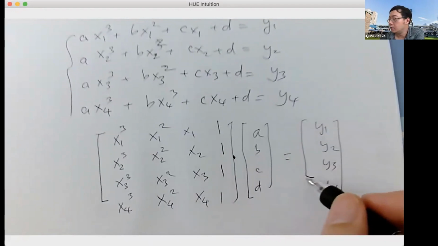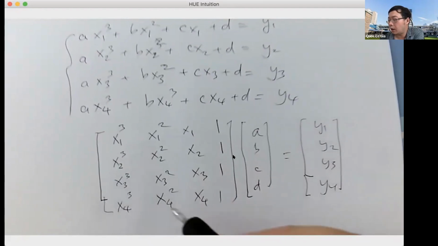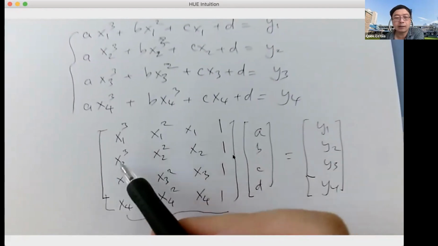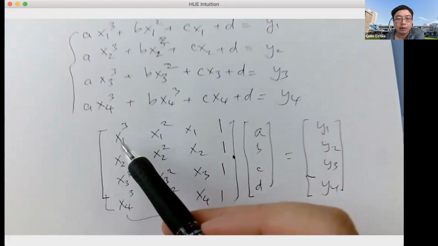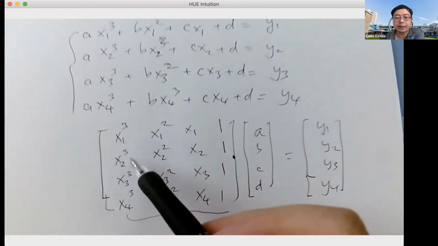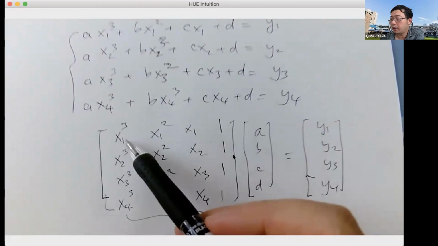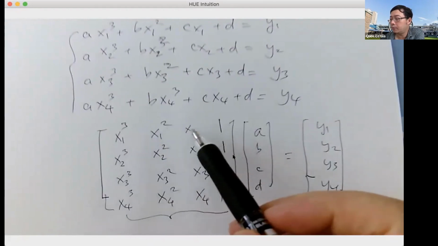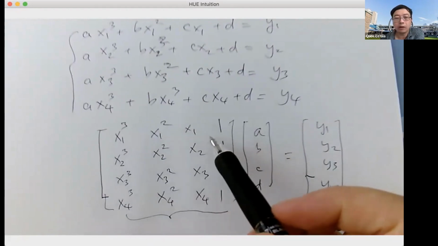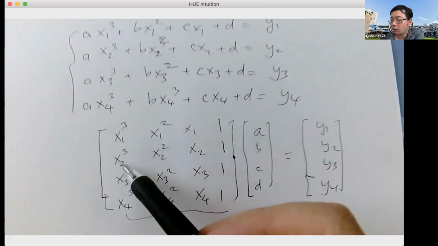Okay. So this matrix has a special structure. You can see that it has the same pattern, right? Just different points: x1 cubed, x1 squared, x1 and 1, and you just replace x1 by x2.